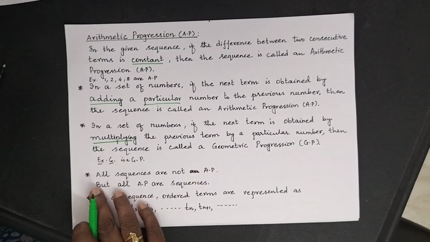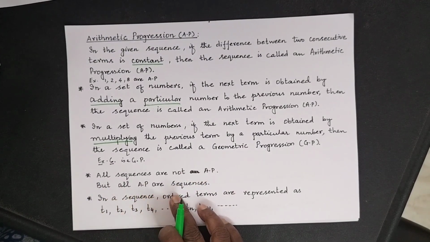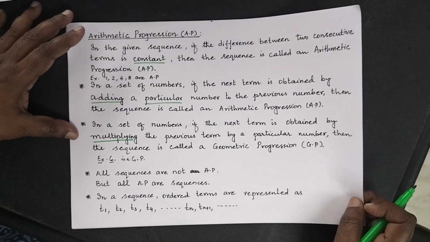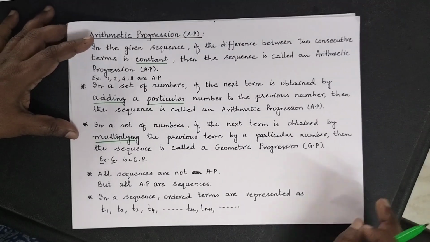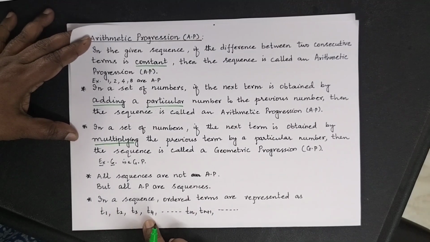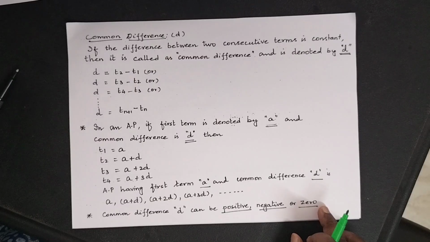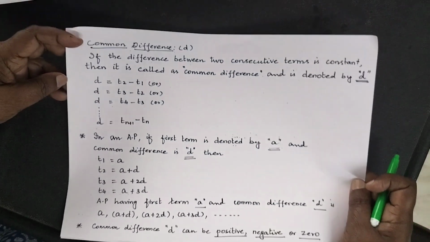Next. Now all sequences are not AP, but all AP are sequences. In a sequence, the ordered terms are represented as T1, T2, T3, T4, etc., Tn, Tn plus 1, etc. Now we'll study about the common difference. What is common difference?